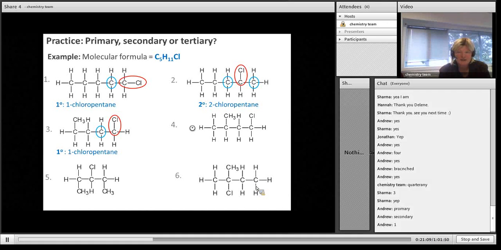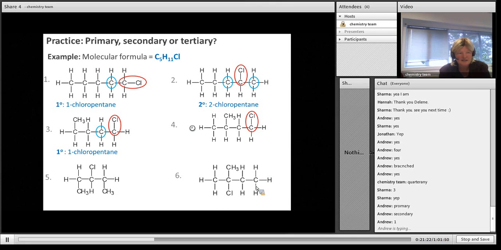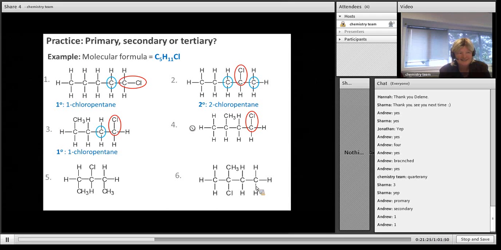And the next one, there it is. So is that primary, secondary, or tertiary? Does anybody want to have a go? Thanks, Andrew. Right, it is primary again because it's only bonded to one other.